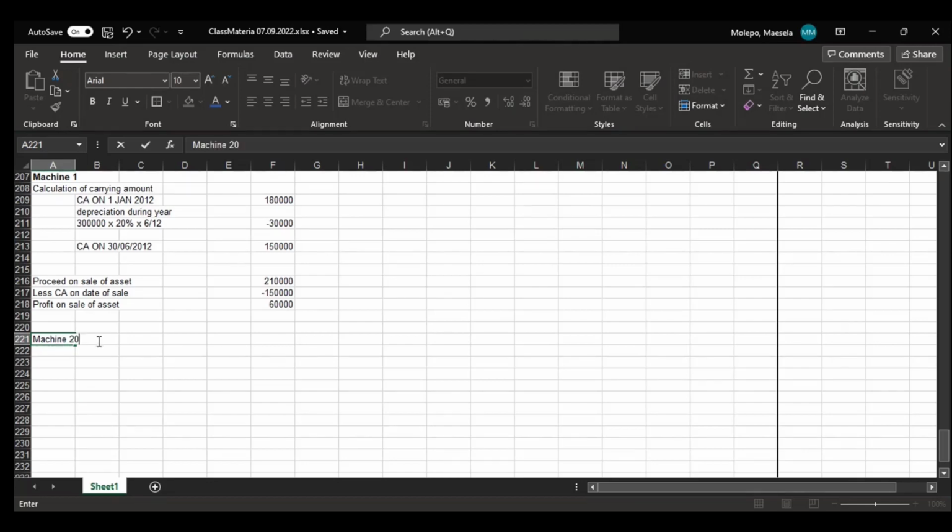Machine 2 can use the same calculation of the carrying amount. So, calculation of carrying amount.